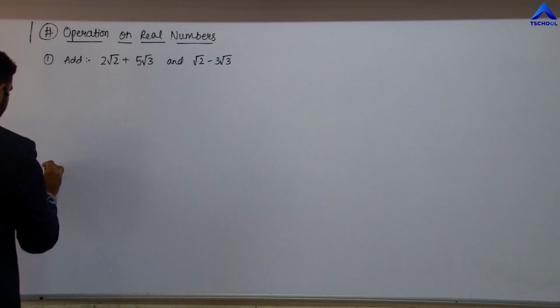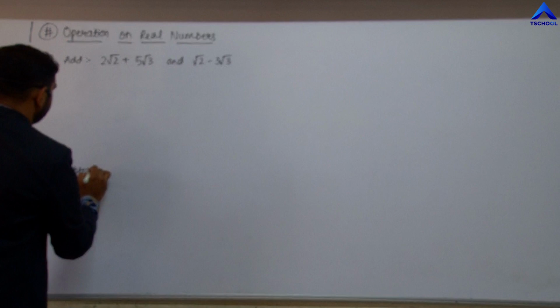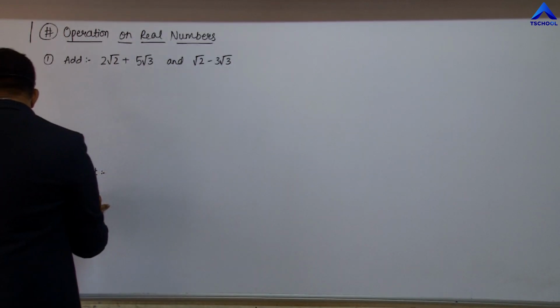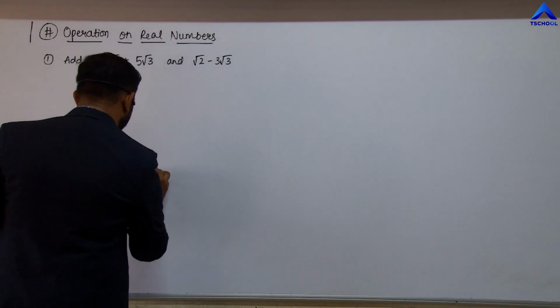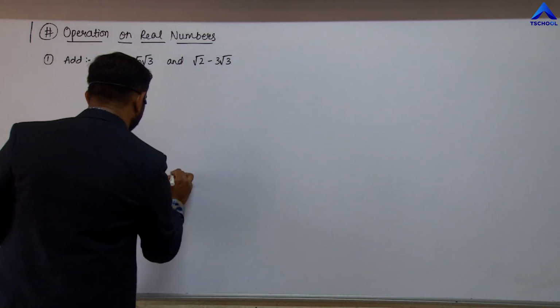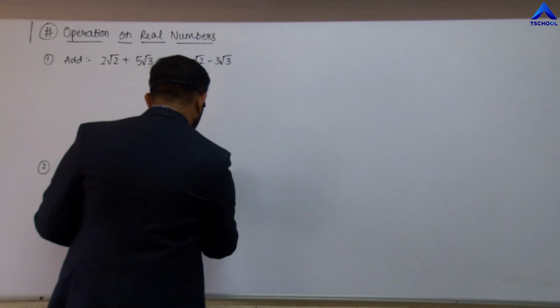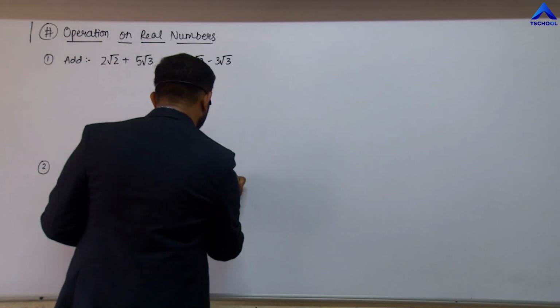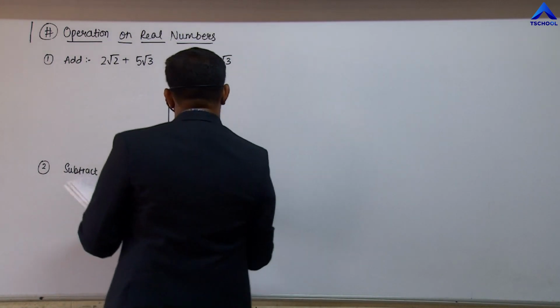Then the second one, I am asked to subtract 6 root 5 minus 3 root 7 from 7 root 5 plus 5 root 7.